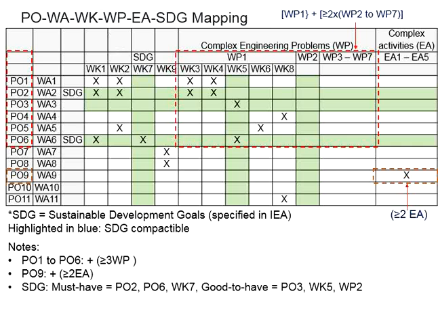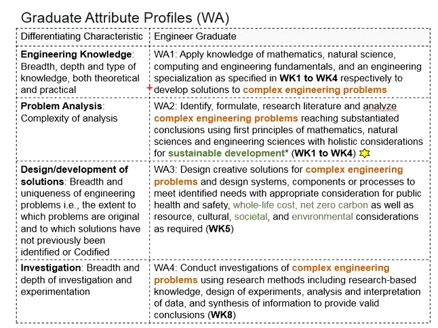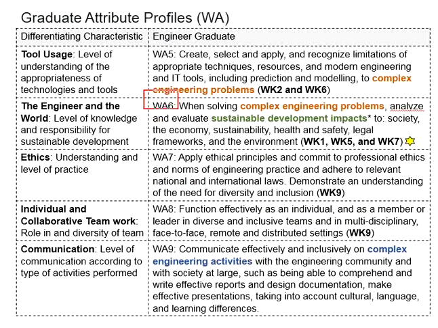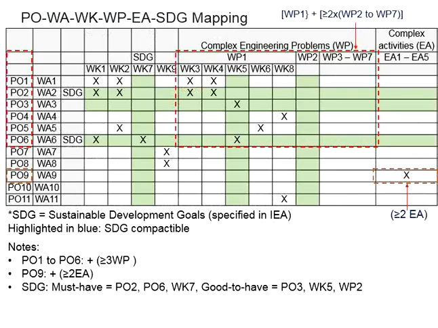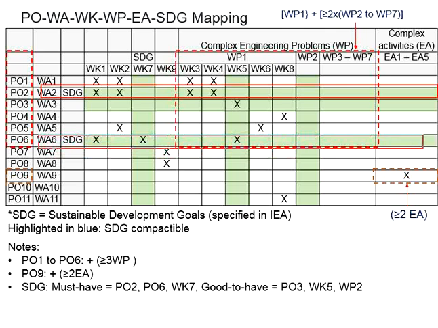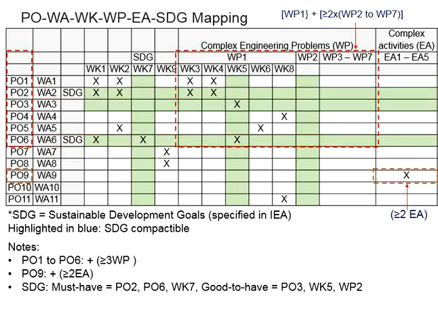From the perspective of graduate attributes, WA2 and WA6 have been specifically mentioned with sustainable development. Therefore, you know that there should be SDG for WA2 and WA6.